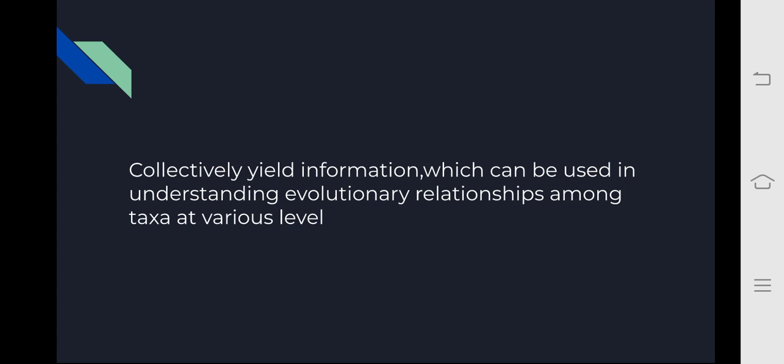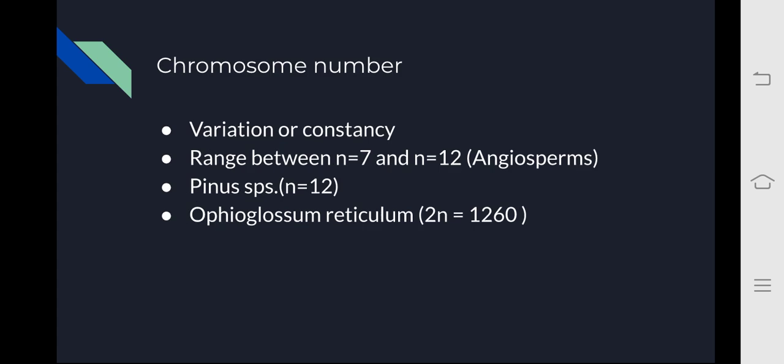First one is chromosome number. Usually all individuals within a species possess the same chromosome number. Likewise, variation or constancy in the chromosome number within the taxa of different categories is an important character for taxonomic groupings.